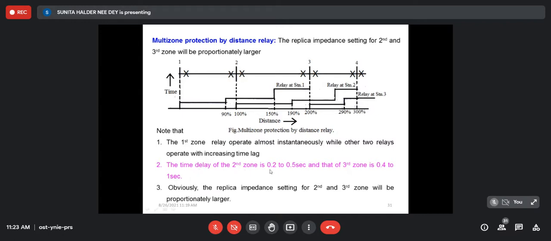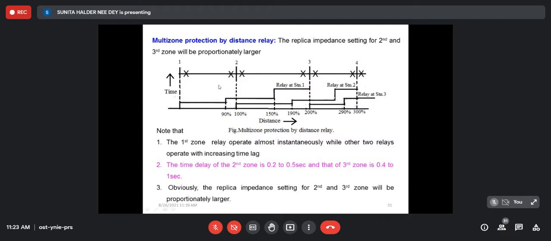For the second zone, a time lag of 0.2 to 0.5 second is given. For the third zone, 0.4 to 1 second. You see 90% is given primary protection, 10% is left. Then for secondary protection, up to 190% is given as primary protection and up to 150% as the secondary protection.